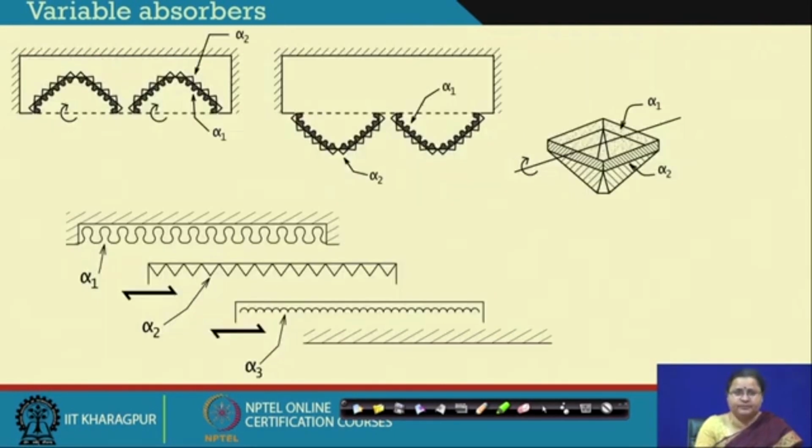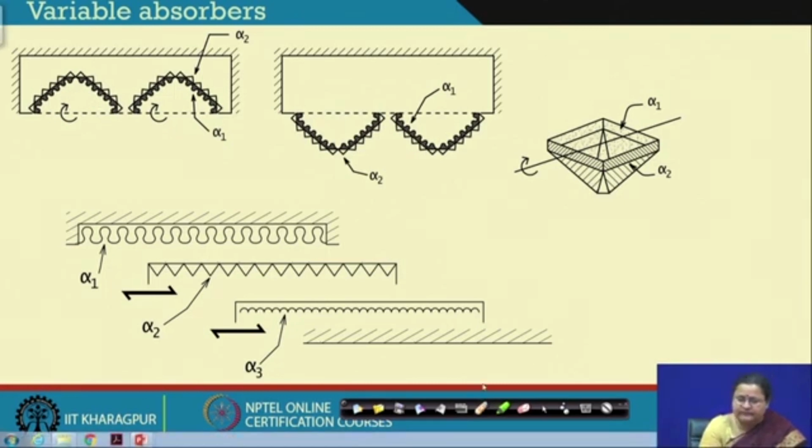This is another example. So, here you can have these surfaces which are pushed inside, they can rotate and come down, having another absorption coefficient outside. So, you are rotating against a particular rod here, and you can do it alternately.